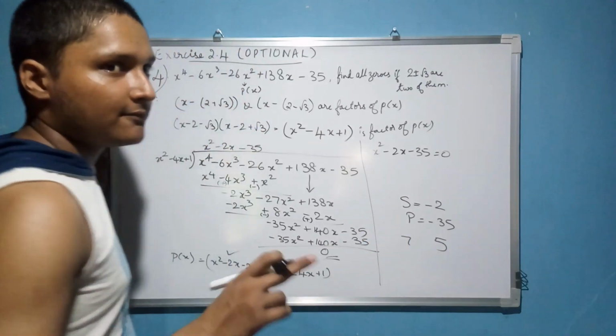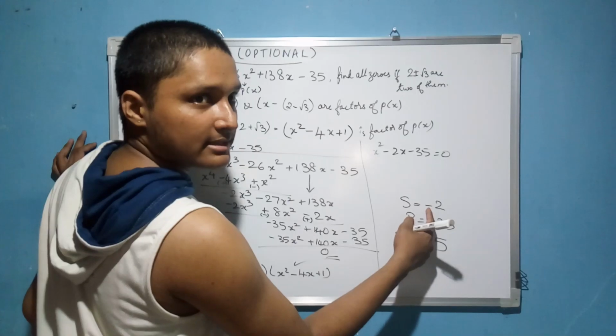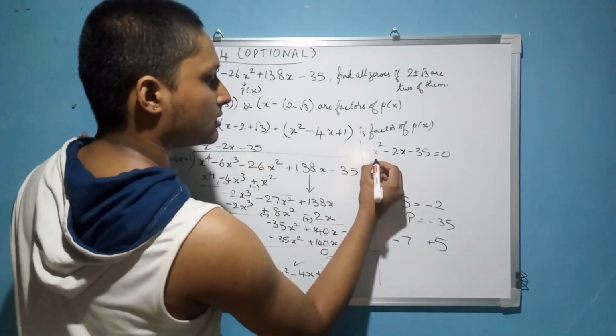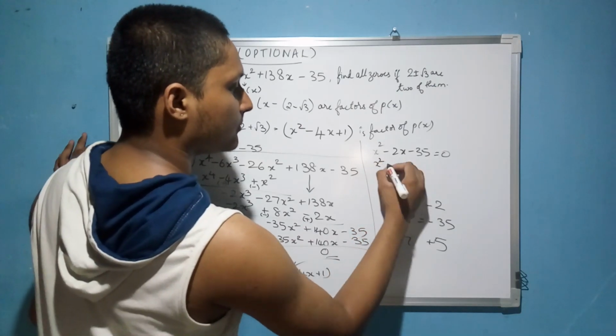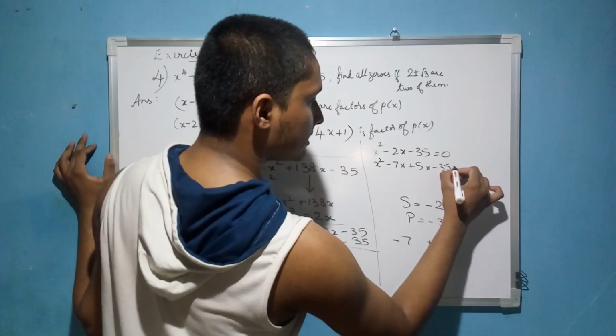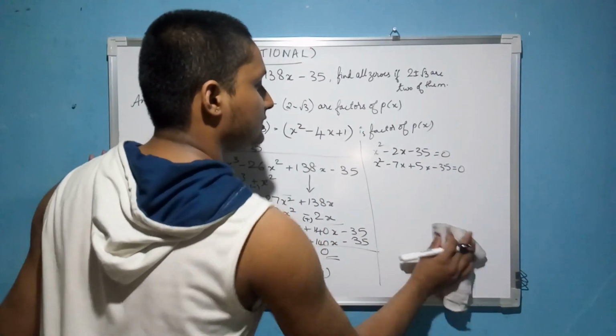One of them is negative, one is positive. So the one that is negative is more because you have a minus sign in the sum. So it is to be minus 7 and plus 5. So you need to divide it to be x square minus 7x plus 5x minus 35 is equal to 0. Let me wrap up this rough calculation.